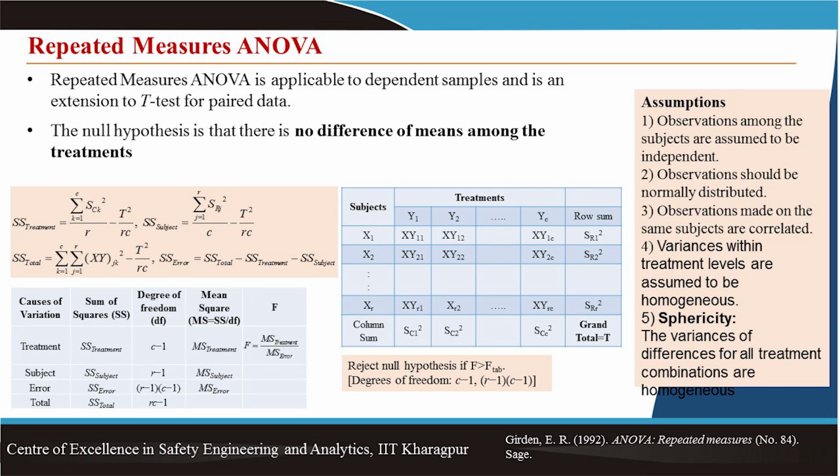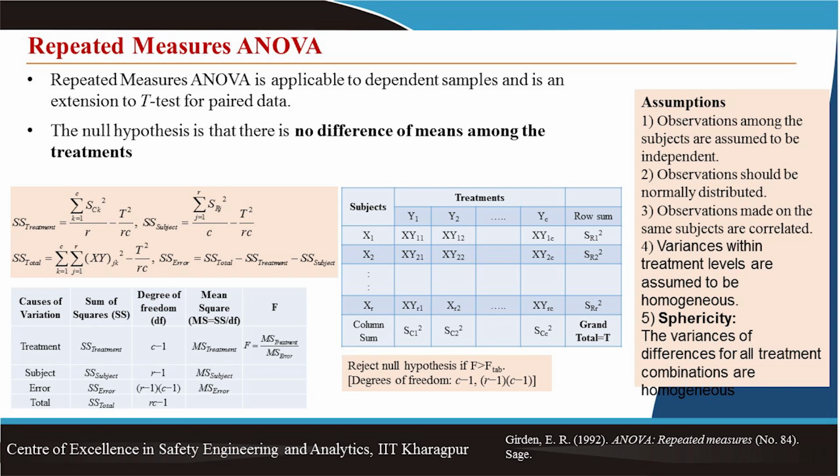The subjects can be individuals, locations, or any other entity that you can consider. If you collect data under such conditions, following the approach we have discussed, then you will have this much data with you.